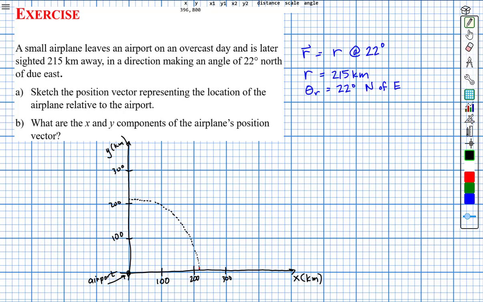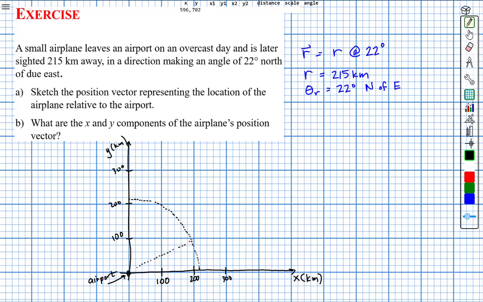So the vector is going to extend from the origin to the edge of that quarter circle. Now I need to do the angle. Now, if I didn't have a protractor, I would guesstimate what the angle would be. And I think I would guesstimate that 20-ish degrees would probably look something like around there.